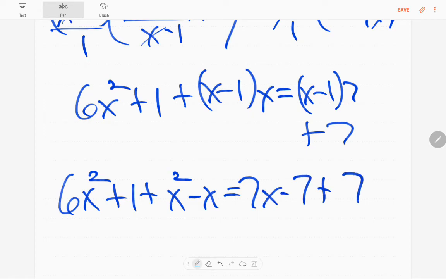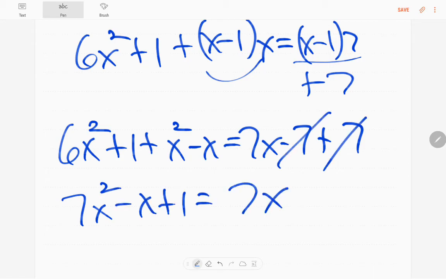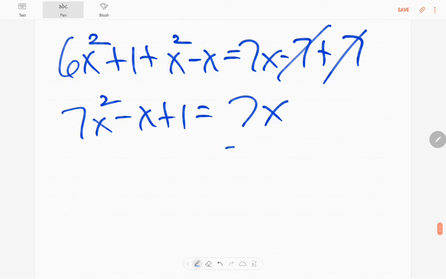And notice I'm distributing now. Distributing that x from right to left, and I'm distributing that 7 from right to left. Combine like terms. I guess at this stage I want to subtract 7x from both sides.